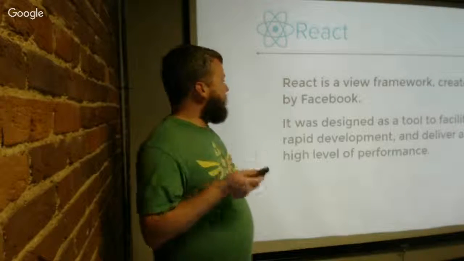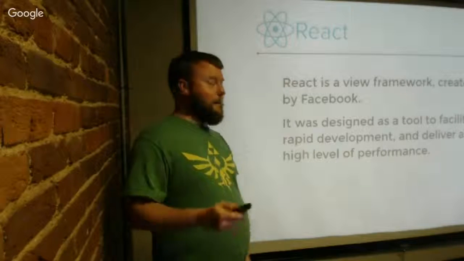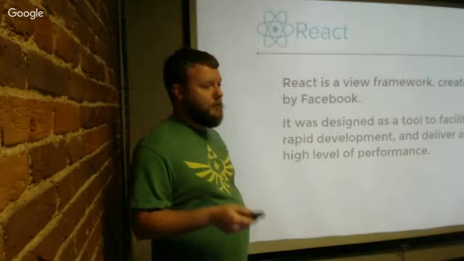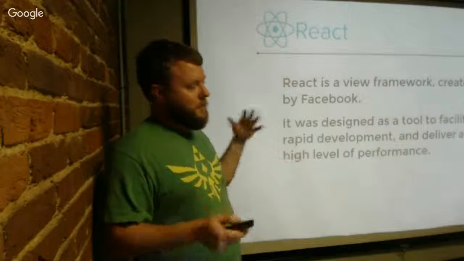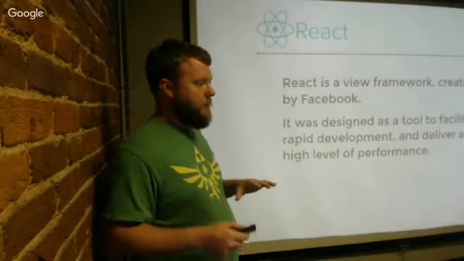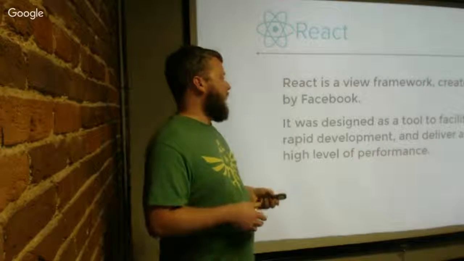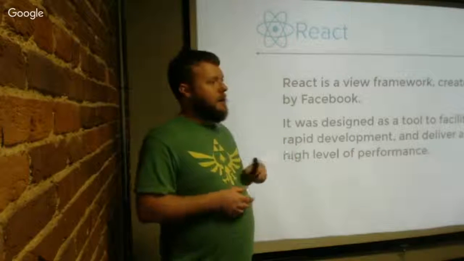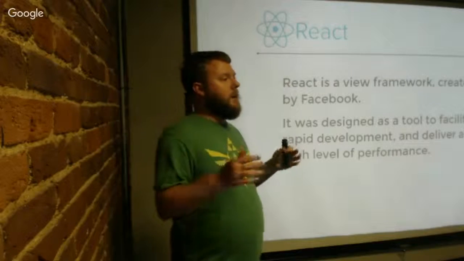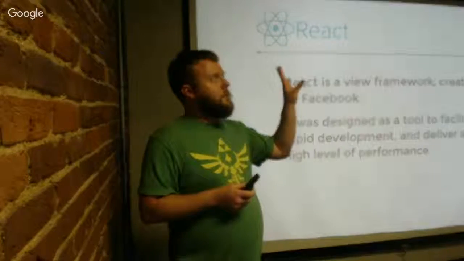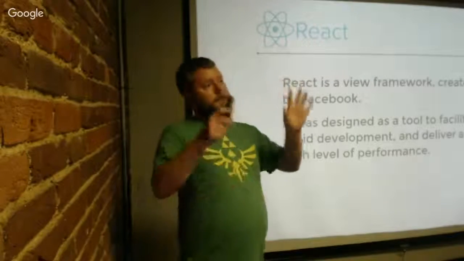It was designed as a tool to facilitate rapid development and deliver a high level of performance. Without getting too much into the close to the metal way that React works, it maintains what's called the virtual DOM, right? That's what they call it. And it is a JavaScript representation of the document object model.